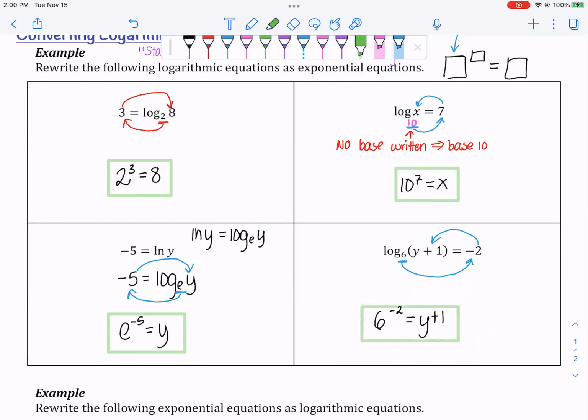It's pretty amazing, honestly, to have a trick that works so well. Because what I want you to notice, the trick not only works in both directions, log to exponential and exponential to logs, but it also works if log is on the right side or if log is on the left side. It doesn't matter which side of the equation log is on, you can use this trick no matter what.